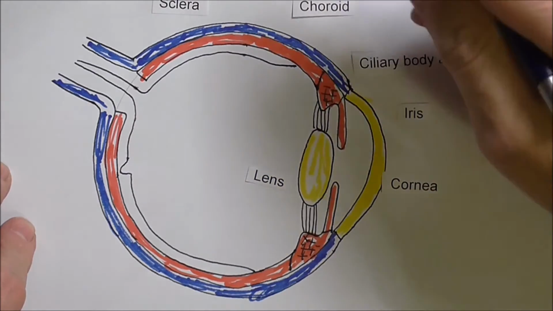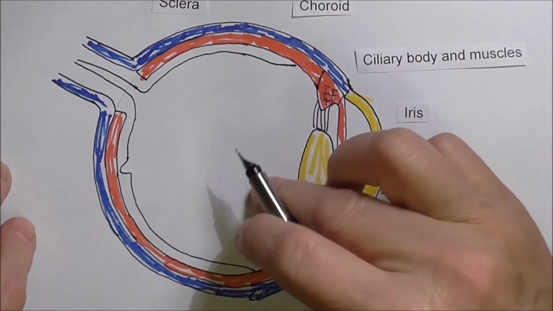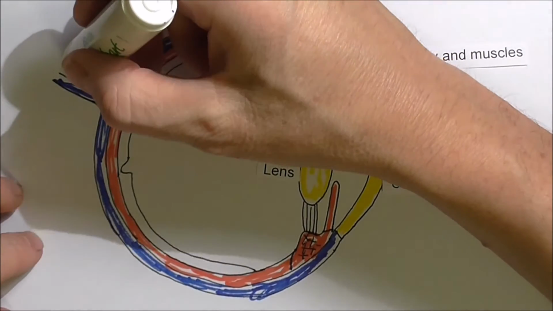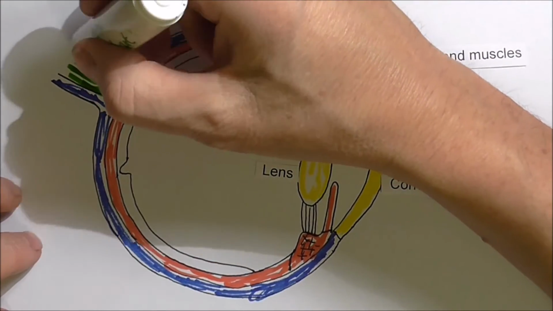And that is the retina. And the retina is the photosensitive layer. I think I'll maybe draw that in green. So here we have the retina. So this is the optic nerve here.